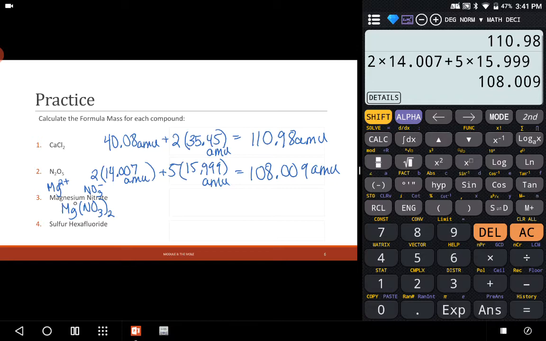Now that I know how many of each element there are, I can set up my formula mass: 24.31 AMU plus 2 nitrogens at 14.007 each, and 6 oxygens.